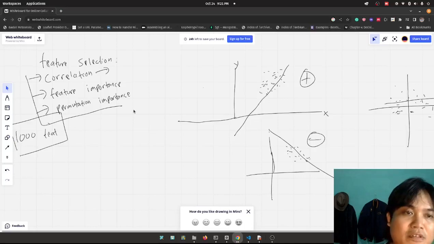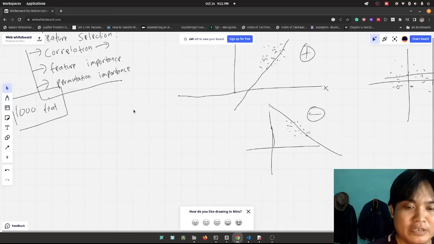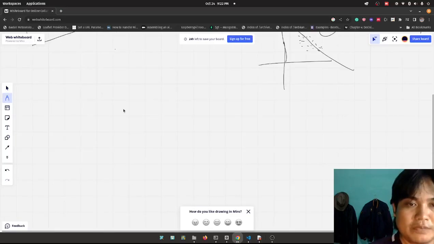Now, how about feature importance and permutation importance? The reason why I say feature importance and permutation importance are a little similar is because of how they work. For example, you have a model, and that model function is called f, and this f has several parameters.